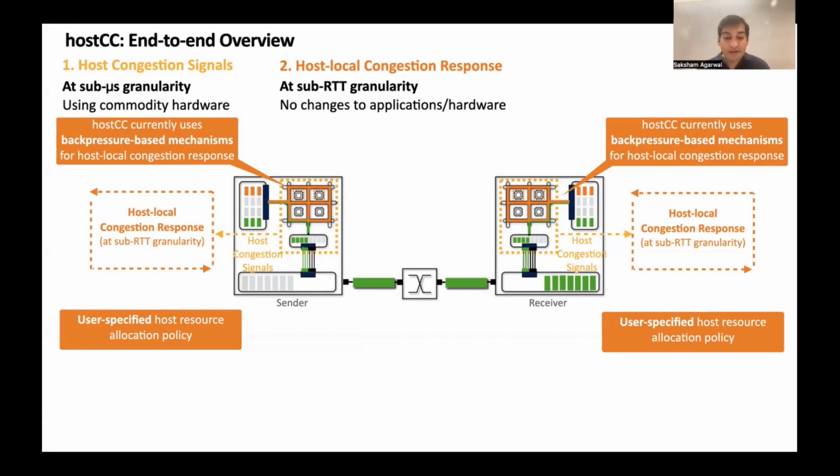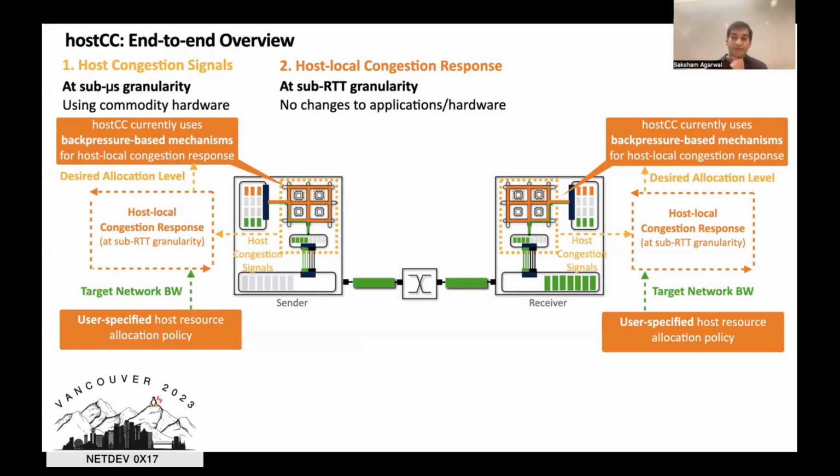The current host CC implementation assumes that the policy periodically computes a target network bandwidth and feeds it as an input to host CC. The congestion response mechanism operates on a per packet basis and makes a decision whether to increase or decrease the resource allocation to both the network and the host local traffic.